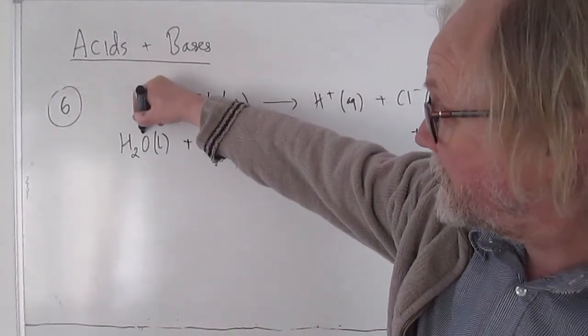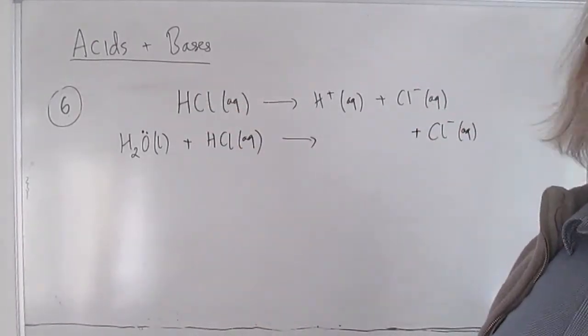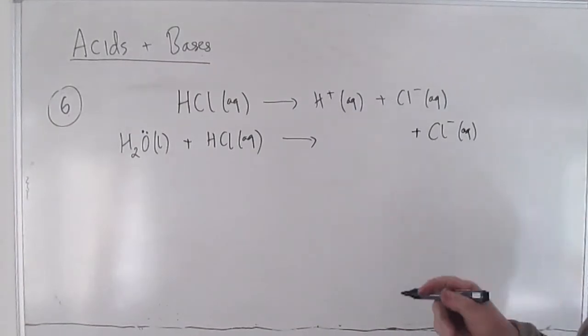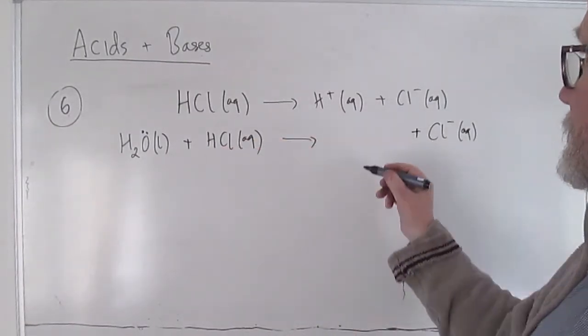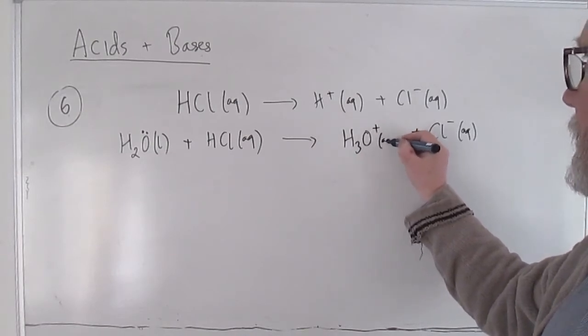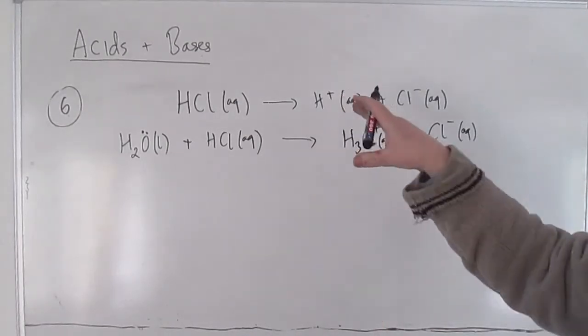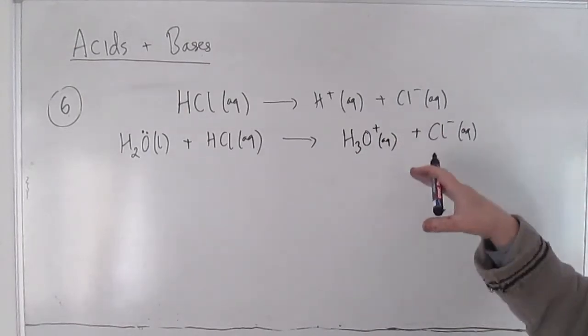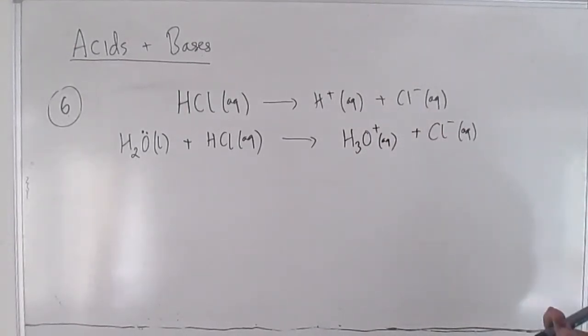And of course the water has got a lone pair. On the oxygen it's got two, but one is enough for it to accept the H plus from there. And so they proposed that that's really what the H plus ion is. It's H plus having been grabbed by a water to form H3O plus, which is sometimes called a hydronium ion.